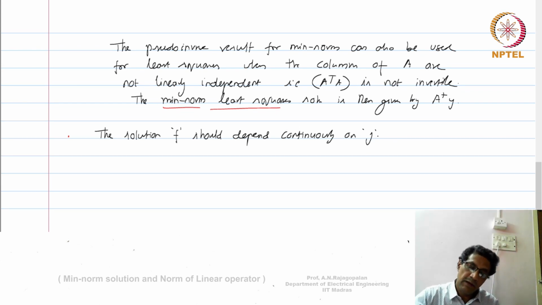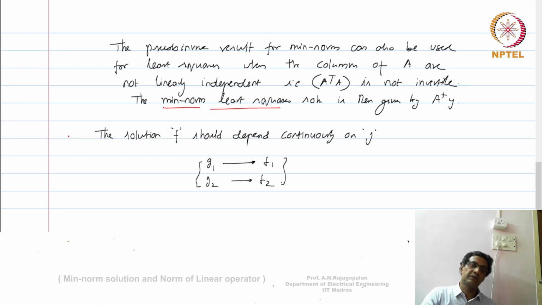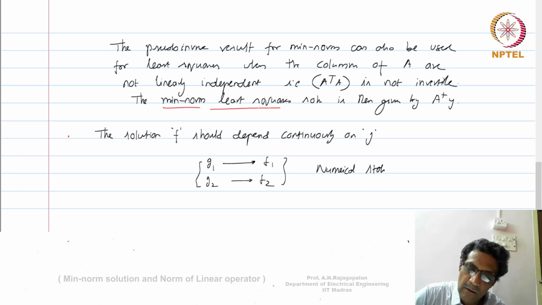Like I said before, for g1 you get a solution f1 because A is one to one and invertible, and g2 gives you f2. If g1 and g2 are very close, then we will ideally want f1 and f2 to be very close. Whether they're close or not depends upon the stability of the problem, so we want to examine the numerical stability of the matrix A. Let me write stability fully.